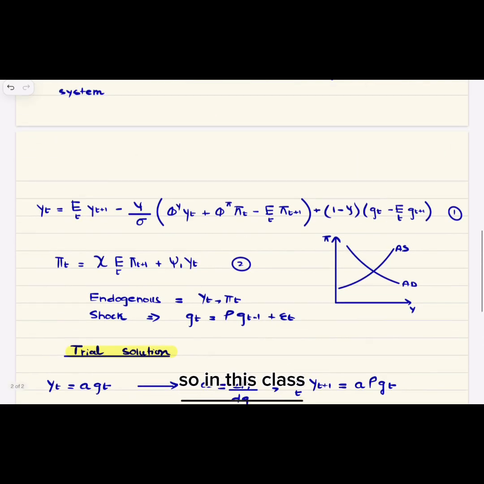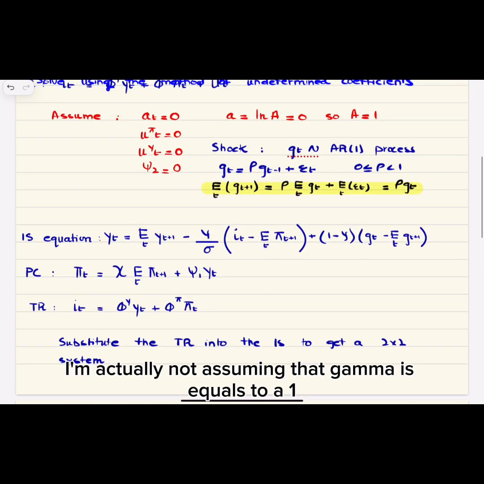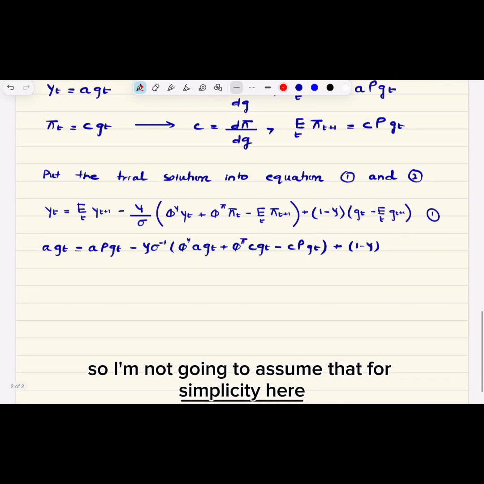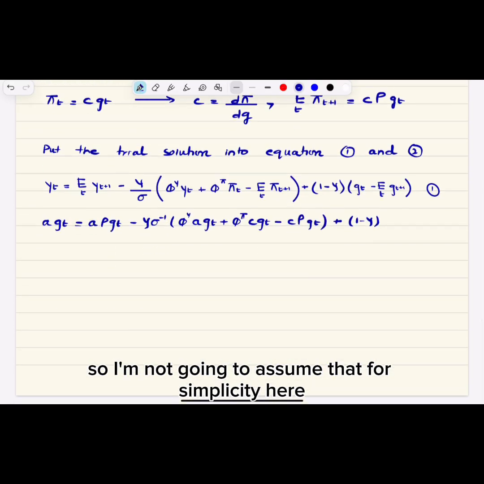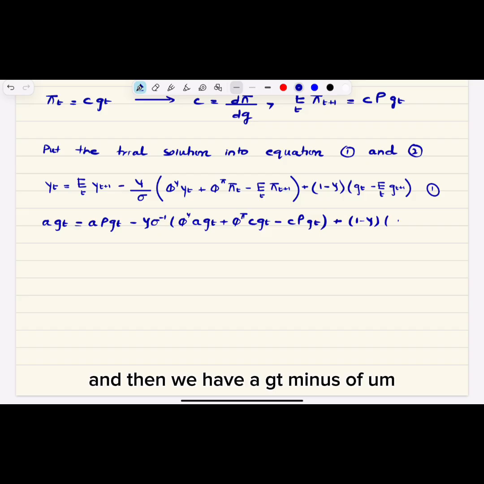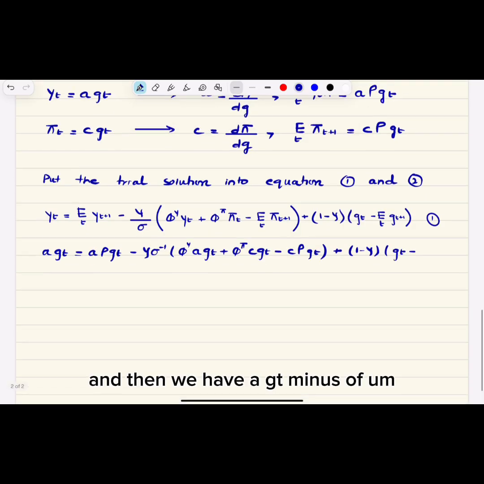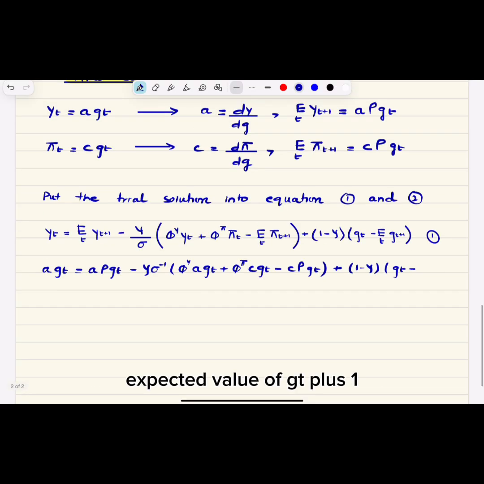In this class, I'm not assuming that gamma is equal to 1, so I'm not going to assume that for simplicity here. Okay, and then we have a GT minus the expected value of GT plus 1.